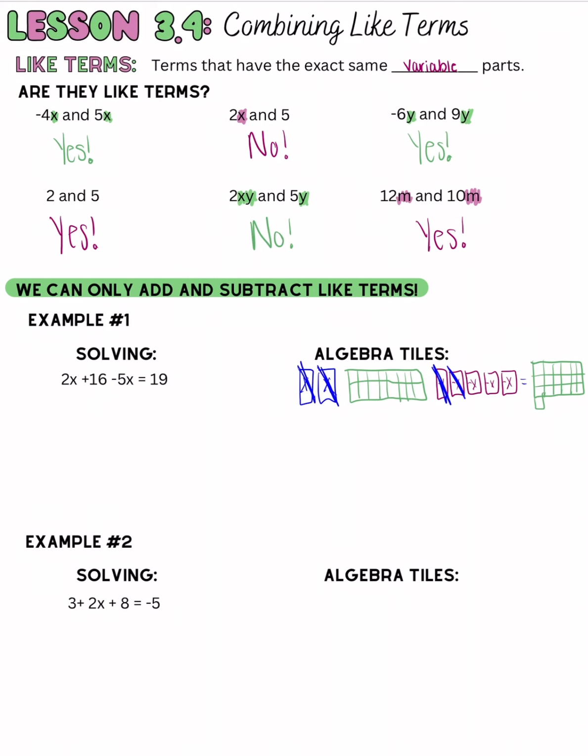So what I'm left with is 3 negative x's. So now I have negative x, negative x, negative x, plus 16, equals 19.